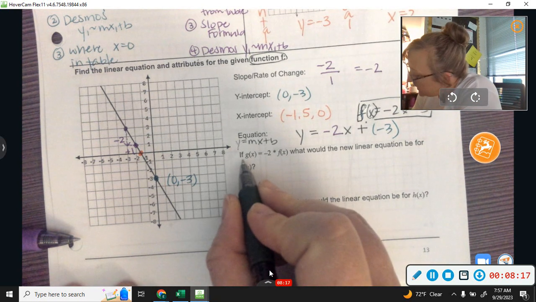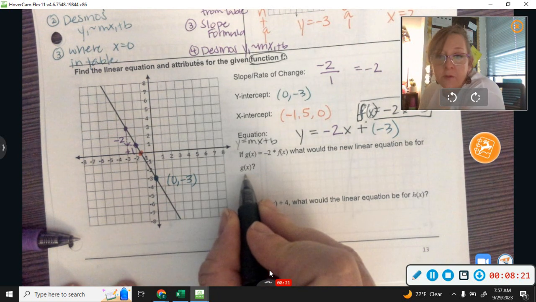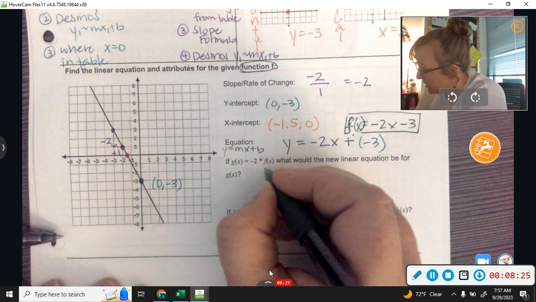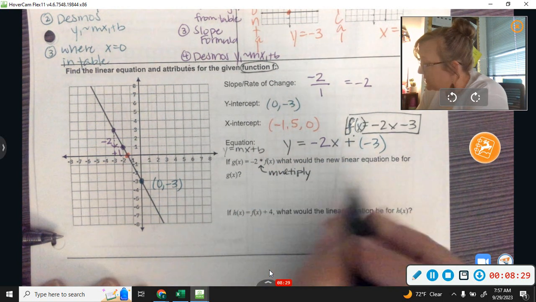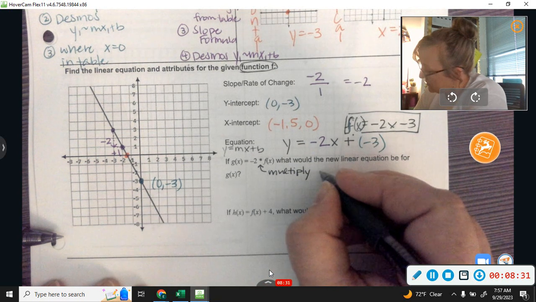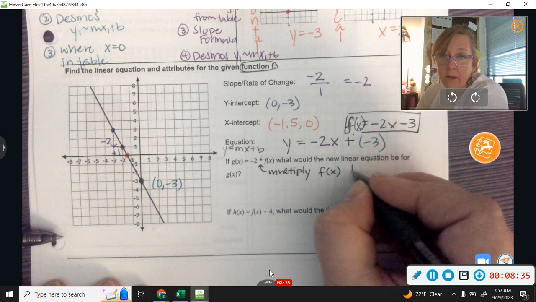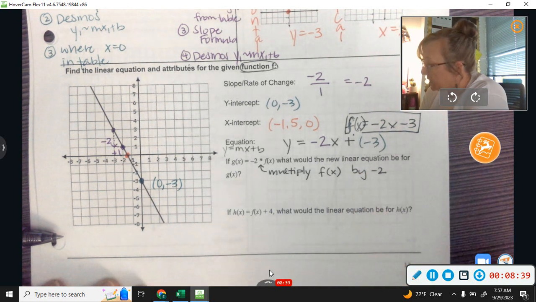All right, so if g of x equals -2 times f of x, what would the new linear equation be for g of x? So I'm multiplying, that's what this means, the entire equation, f of x, by -2. So I'm going to multiply everything by -2, like the distributive property.